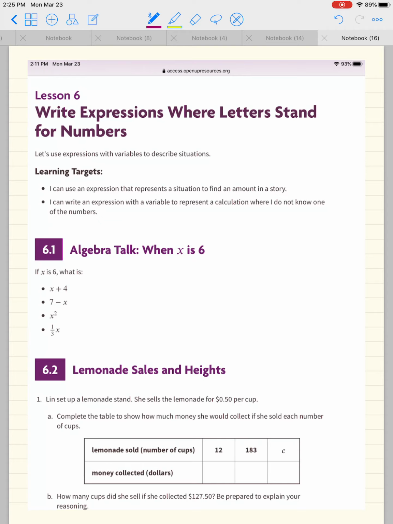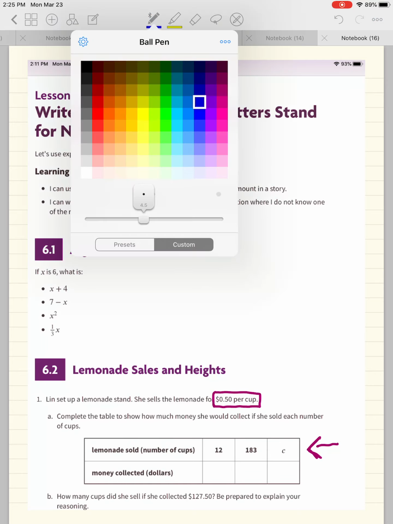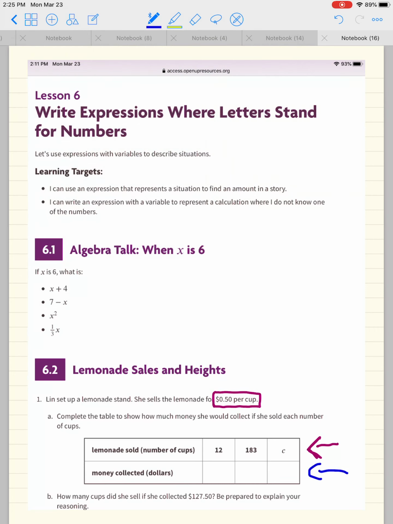Lemonade sales and heights. So, Lynn set up a lemonade stand. She sells the lemonade for 50 cents per cup. Complete the table to show how much money she would collect if she sold each number of cups. Okay, and as you can see in the table, this is where you see how many cups she sold. And the bottom row is how much money she's collected in dollars.